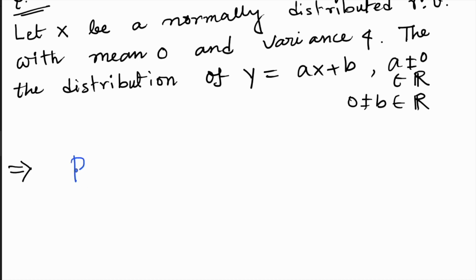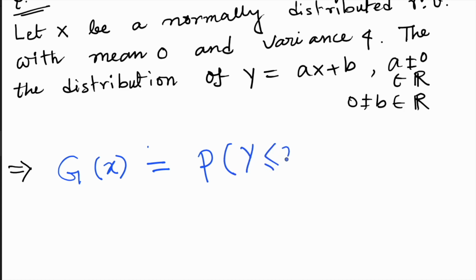Suppose the CDF is G(x), which will be the probability that Y is less than or equal to x. So that means the probability that aX plus b is less than or equal to small x.